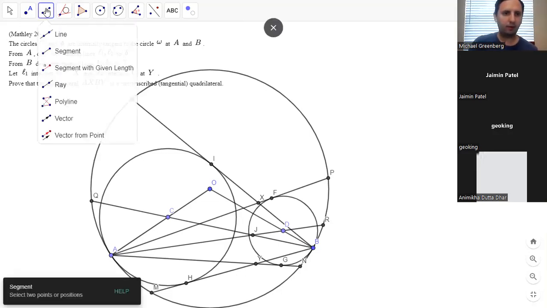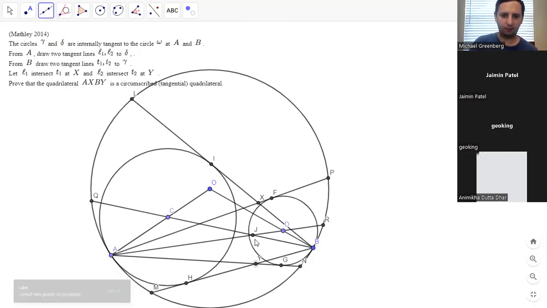What if I draw the angle bisector? So let me see, if I draw this, basically I want to show it's the angle bisector.